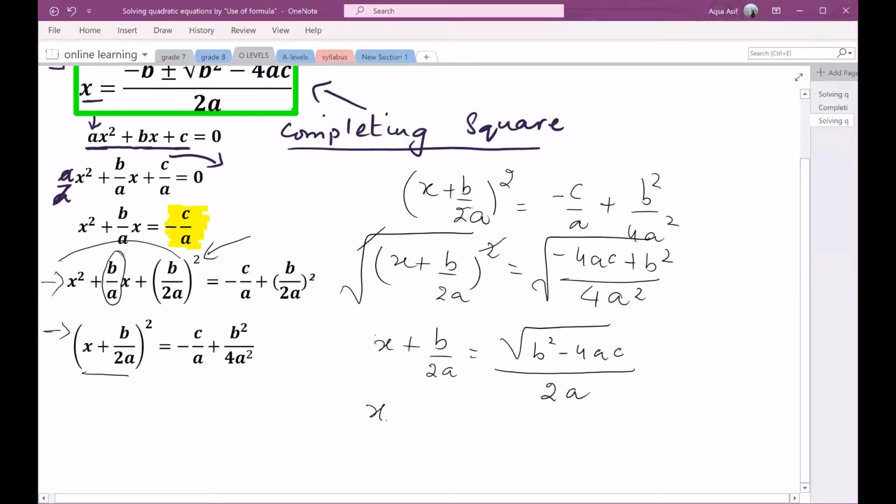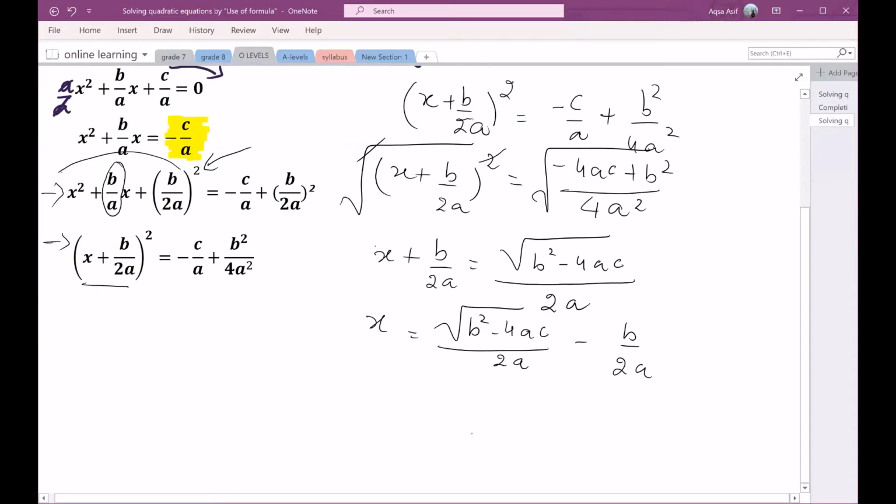Now I'll be shifting this b over 2a to the other side, minus b over 2a. 2a will be taken as LCM. Minus b plus or minus under root b square minus 4ac.